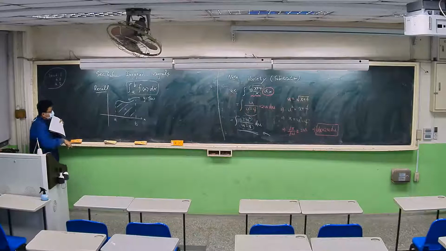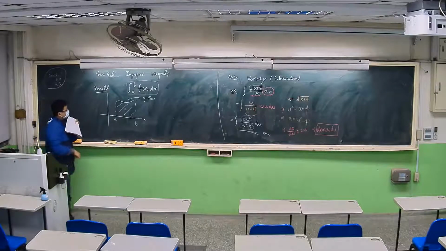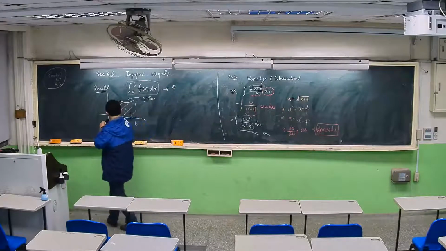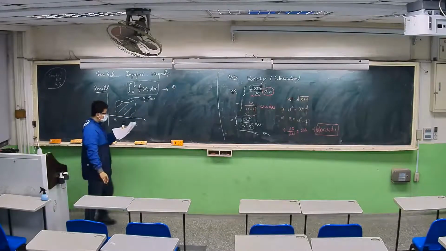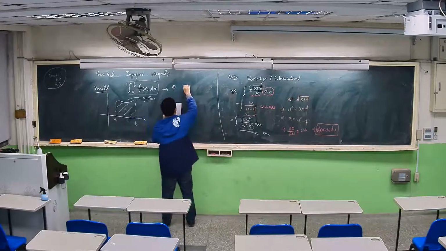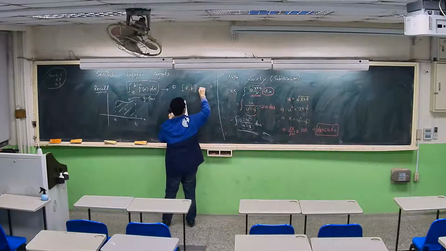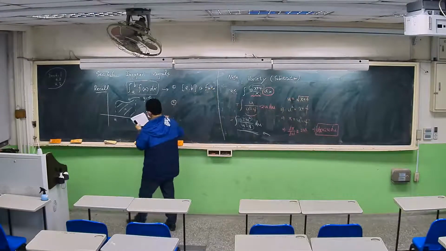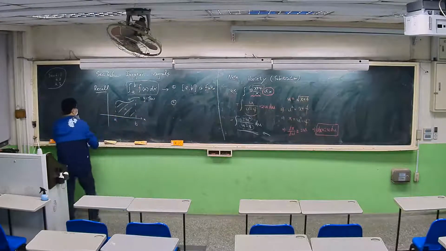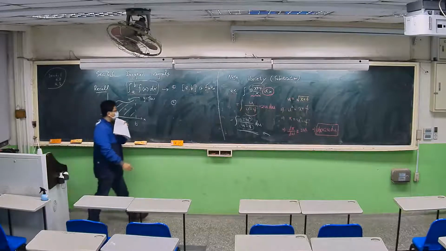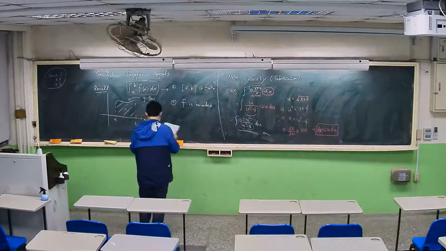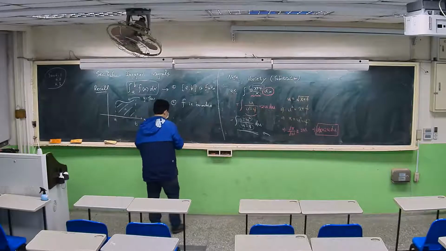In this setting, you could see that there are two conditions. First, the interval [a, b] should be bounded, it's finite. Second, the function f should be bounded.